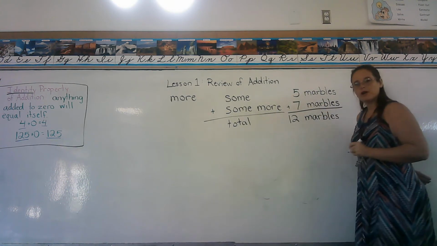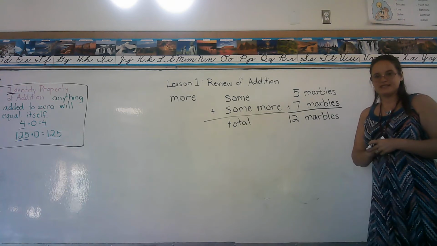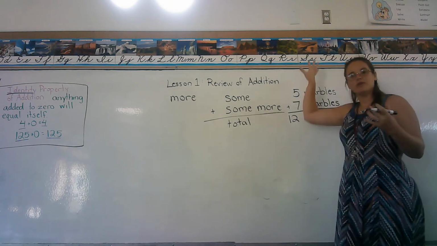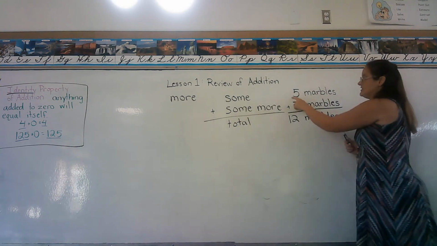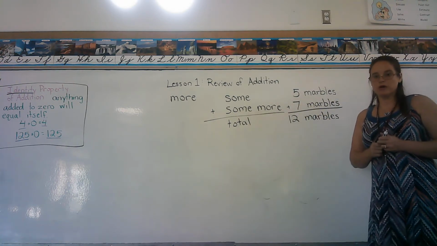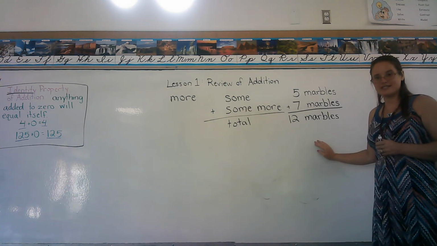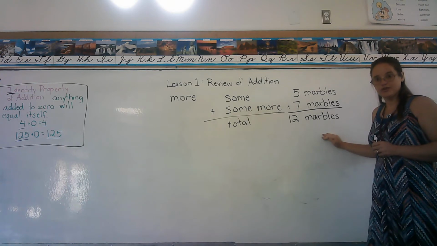So in the word problems that you see, they're going to be skipping one of these pieces. That story that I just gave you was the whole story. But imagine that it had said, DJ has 5 marbles. DJ bought 7 more marbles. How many marbles does DJ have? You would need to be finding out the total.